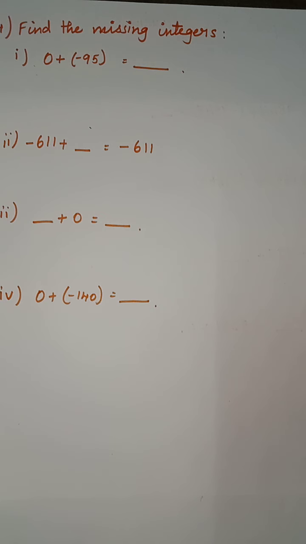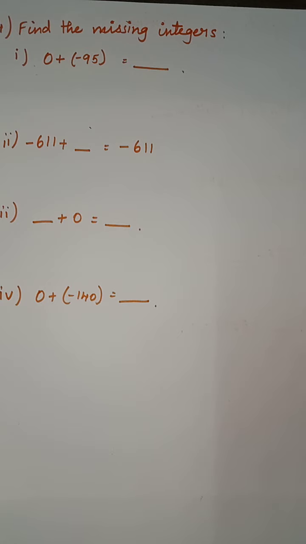What is the identity element of addition? The identity element of addition is 0. Yes, clear. By using that and the inverse property, what is the inverse of 5? Minus 5. What is the inverse of 2? Minus 2. What is the inverse of minus 200? 200. So likewise we are going to do the answers here.